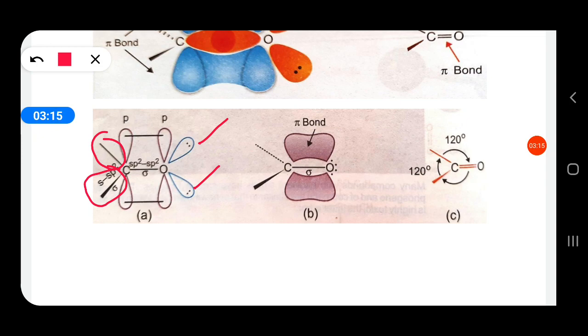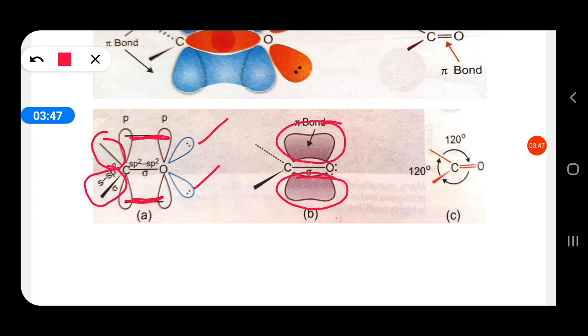The p orbitals which are perpendicular to the plane overlap laterally, the sideways overlapping, and form a pi bond. This pi bond cloud is above and below the molecule. The carbon-oxygen sigma bonds are present in the same plane, and the pi bond cloud is present above and below the molecule.